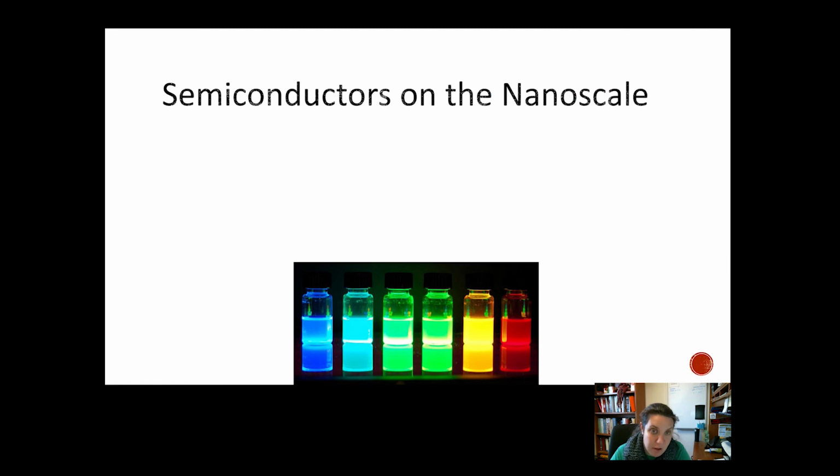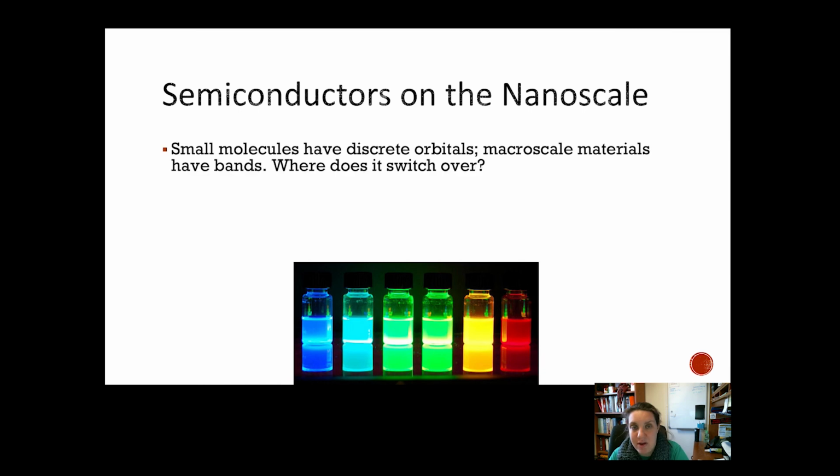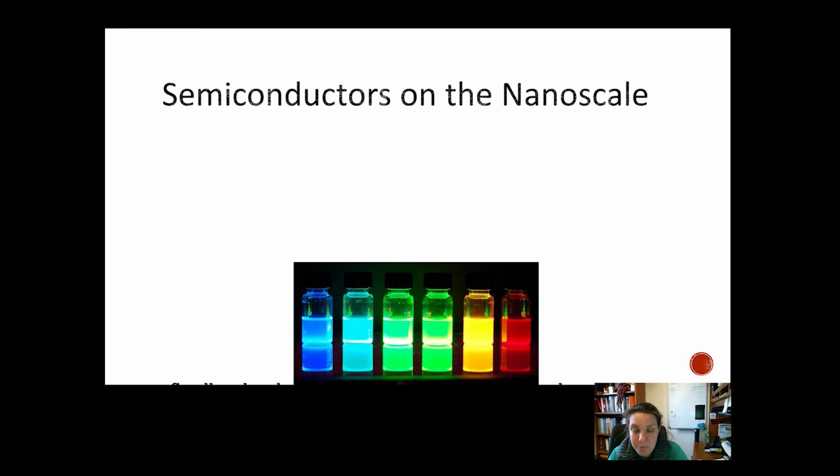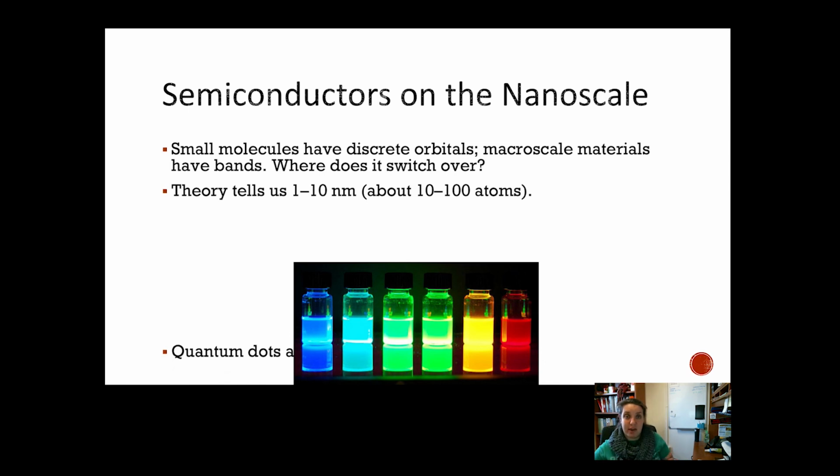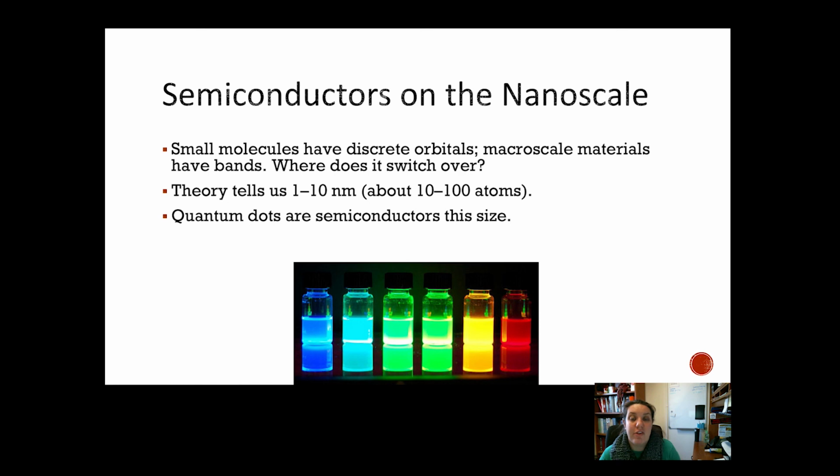Small molecules have discrete orbitals, bulk materials have bands, and we want to know, if we have a semiconductor on the nanoscale, at what point do we switch over between discrete orbitals and bands? Usually that's going to be between 1 and 10 nanometers. Quantum dots, which are one of the most common semiconductors on the nanoscale, are semiconductors in this scale.